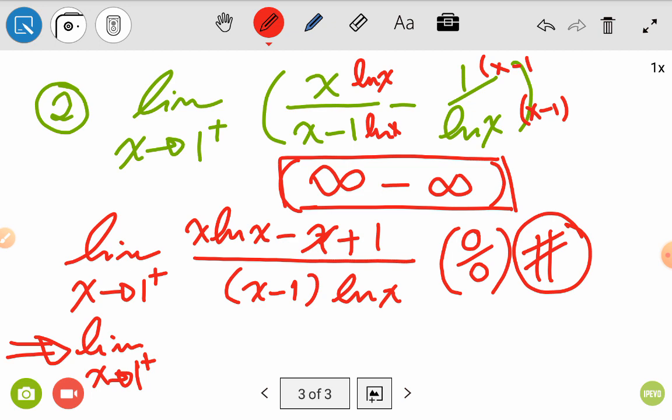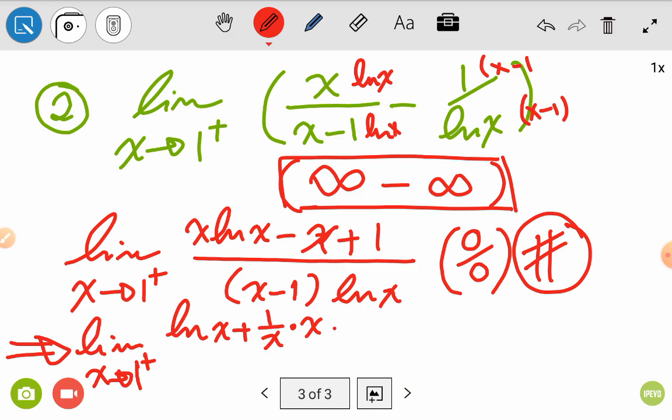We should follow the product rule, which is the first times the derivative of the second plus the second times the derivative of the first, u prime v plus v prime u. So the derivative of x is 1, so my answer is ln x, then plus the derivative of ln x, which is 1 over x, times x, gonna be 1.